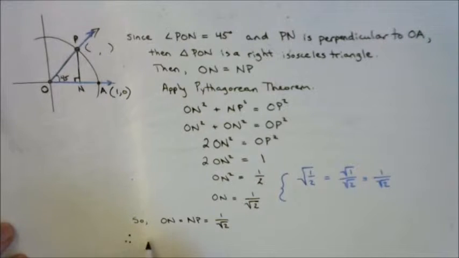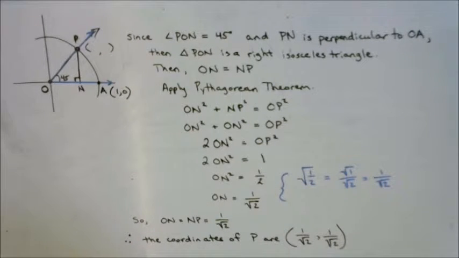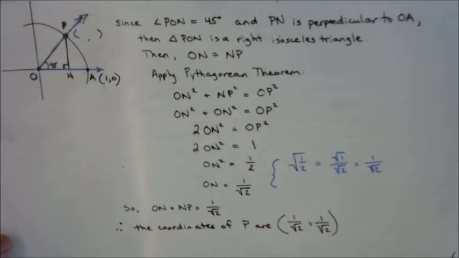Therefore, the coordinates of P are 1 over the square root of 2, 1 over the square root of 2. I'll give you a second to make sense of that and review what we did and ask any questions if you have any questions. Okay, so we have the coordinates of point P.